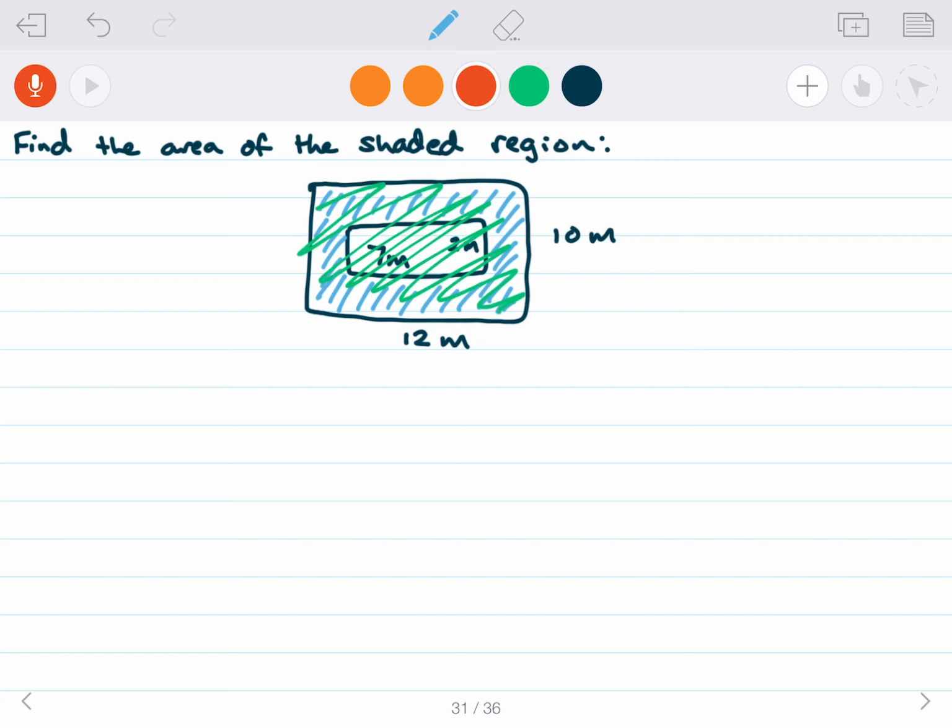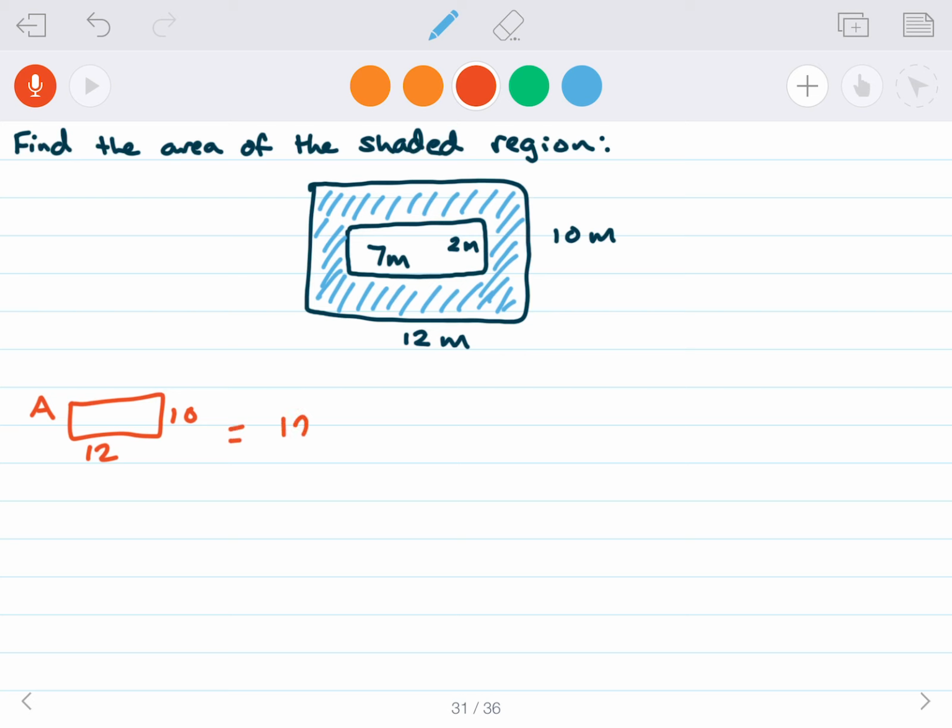So let's go ahead and do that. Maybe I should have showed you that in blue. So we're going to take this whole thing right here and then take away just this portion to get the shaded region.